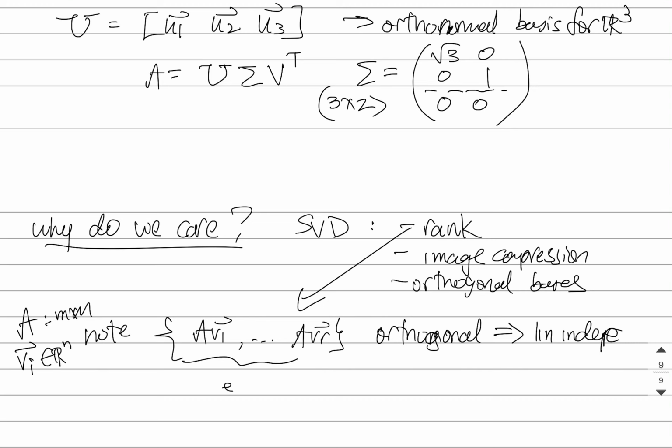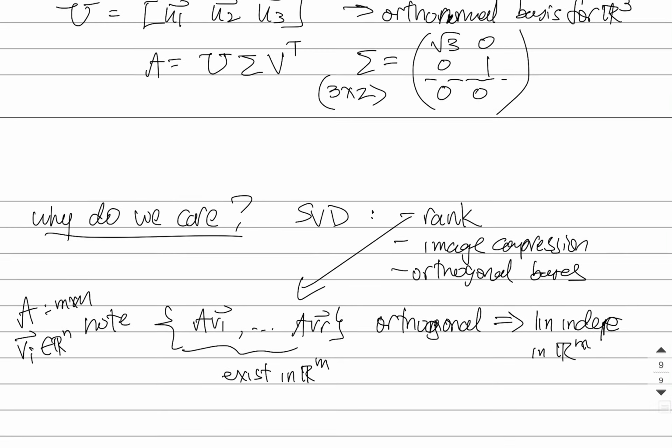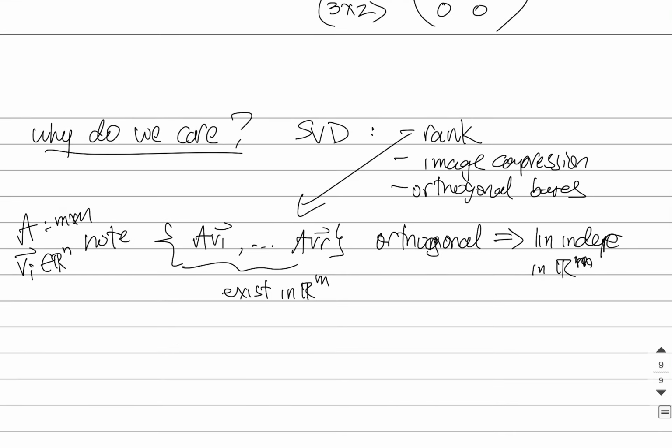All of these vectors exist in Rm. So this set is linearly independent in Rm. Turns out we want to know if they span something. Now, they're linearly independent, but more importantly, each one of these things is an element in the column space of A. Remember, the column space is the set of all linear combinations of the columns of a matrix.